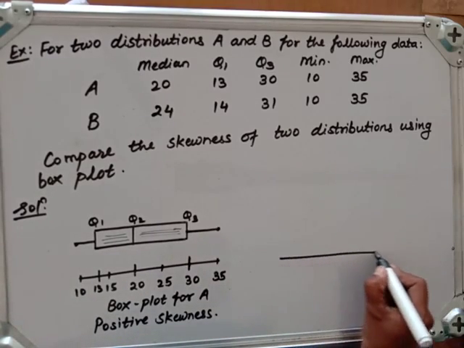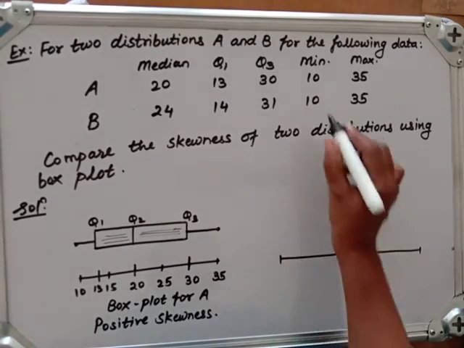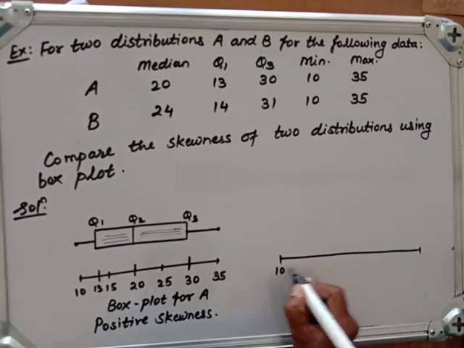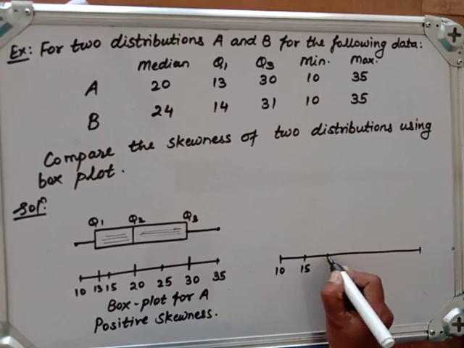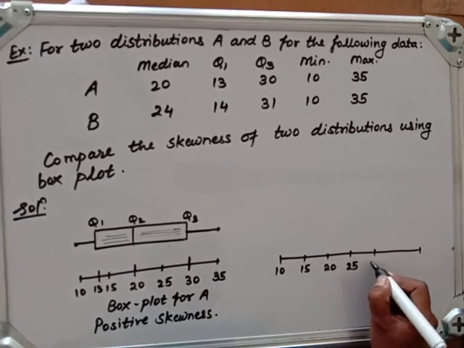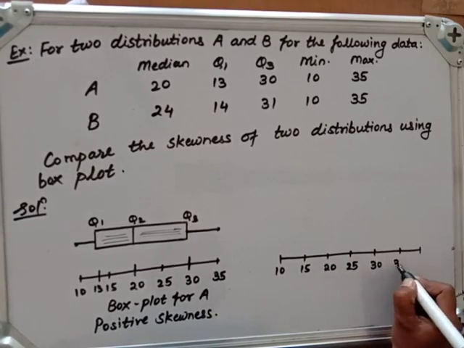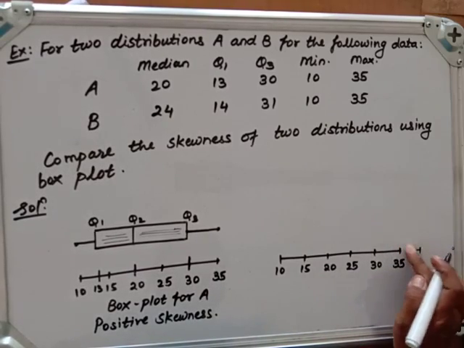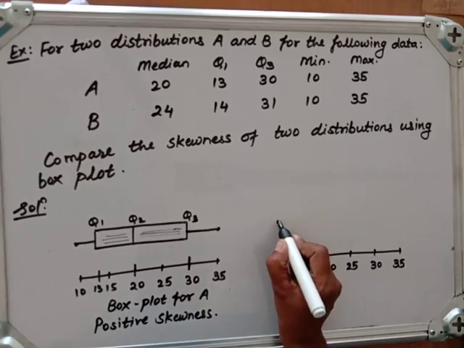Now again here also the minimum is 10 and the maximum 35. So 10, suppose 15, 20, 25, 30 and suppose here 35.